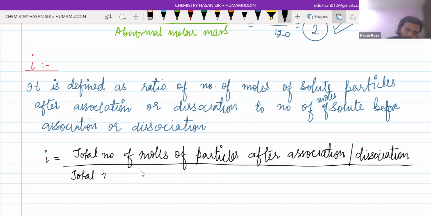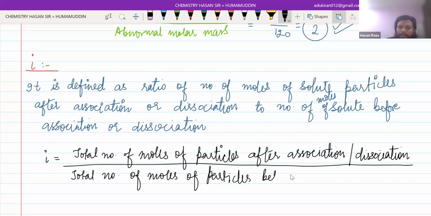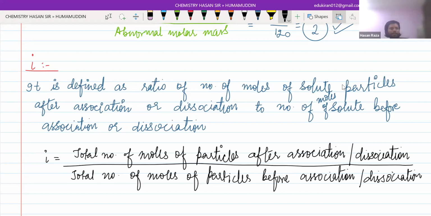the total number of moles of particles before association or dissociation. So it's very easy. First you are going to write it, and then I'm going to write the formula for this and again explain it, which will be very easy to understand.